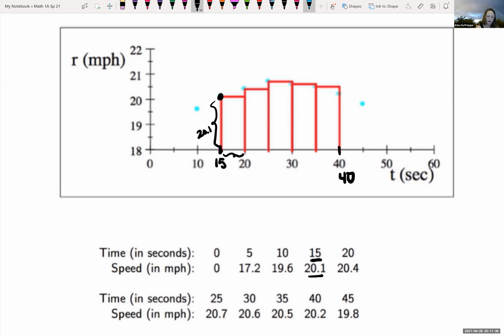Okay, we're going to have to be careful here though, and we're going to have to convert because this is miles per hour and this is seconds. And so we need to convert 5 seconds to hours.